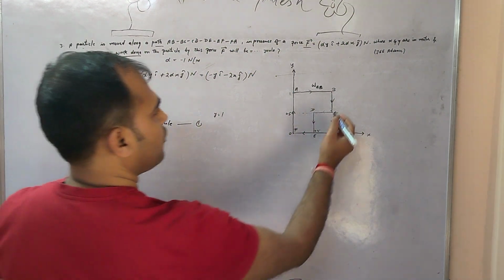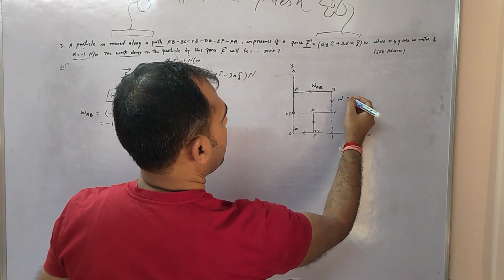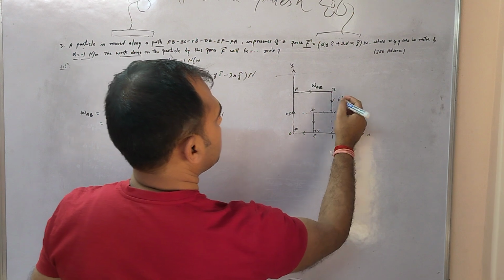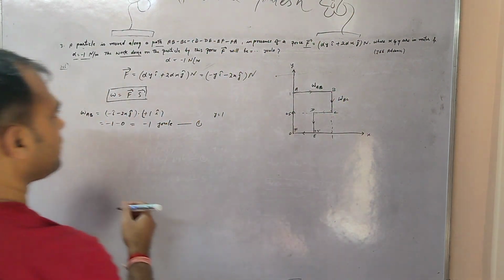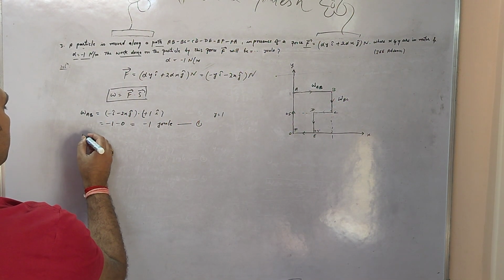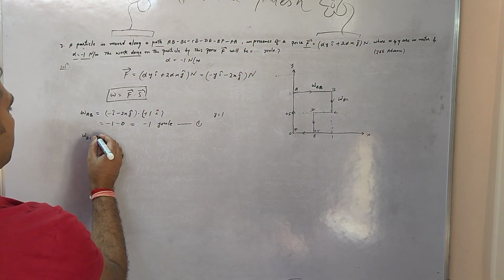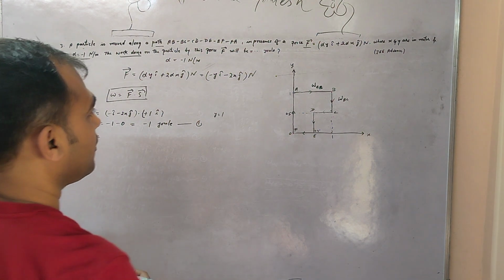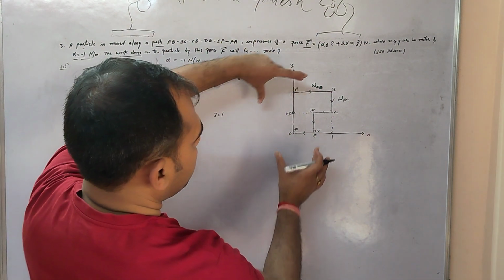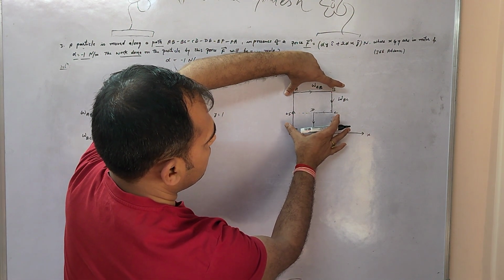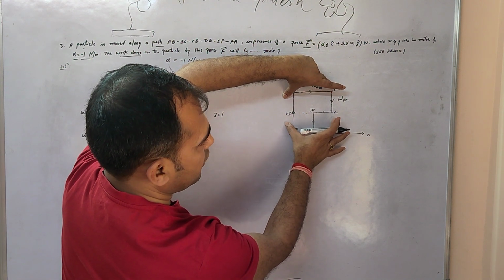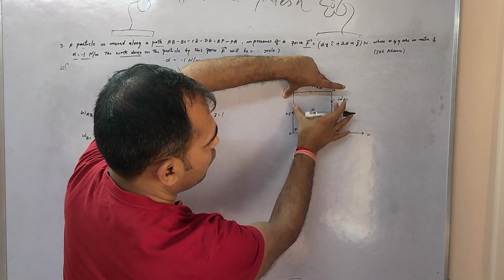Now let us find the value of work done from B to C, that is W BC. So W BC, what is constant here? This value of x is equal to 1. This is constant throughout BC.